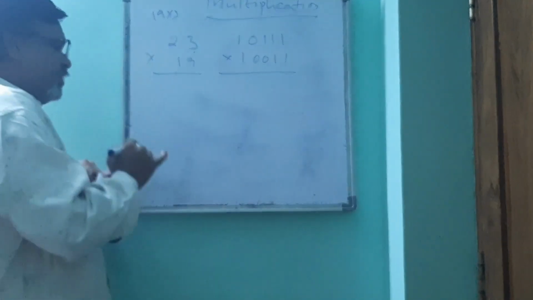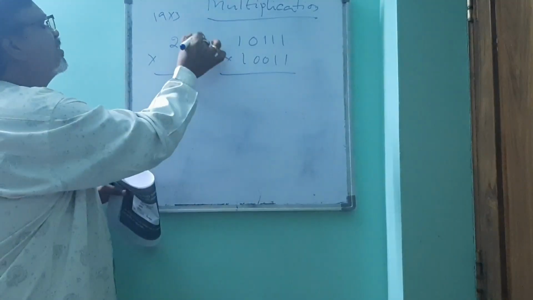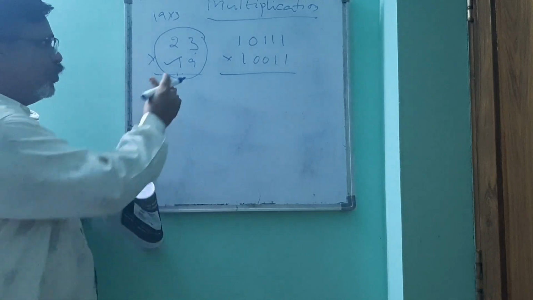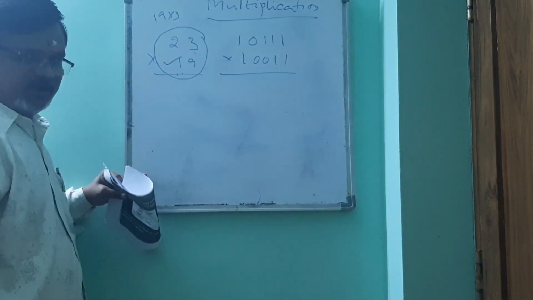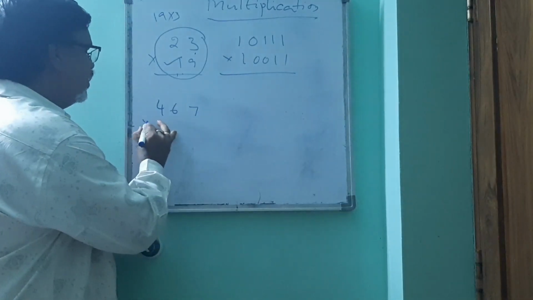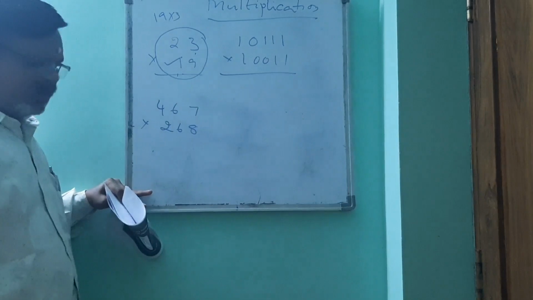So now how do we perform multiplication of these two numbers? Before I discuss this, as you know the 19th table, you can easily perform that multiplication. But if I give 467 into 268, then how do you perform the multiplication?